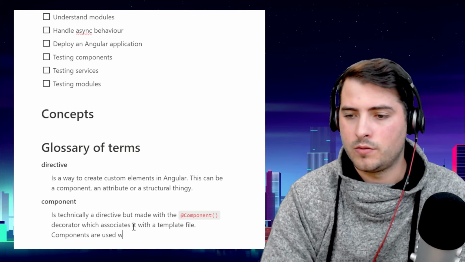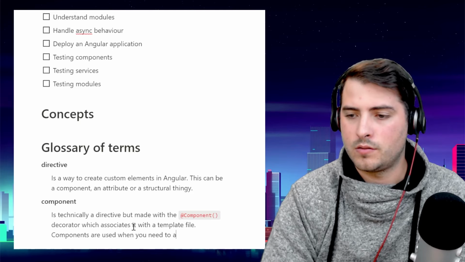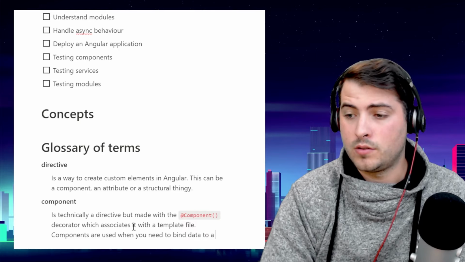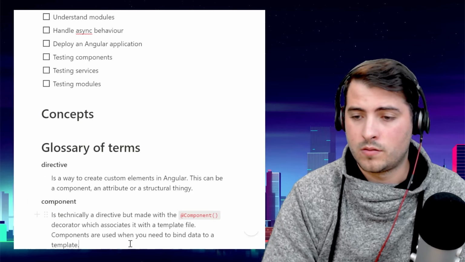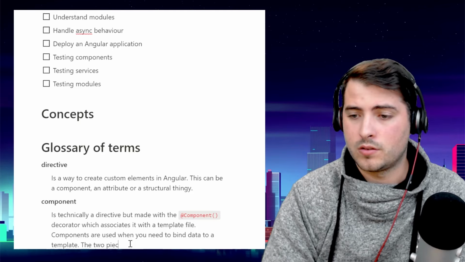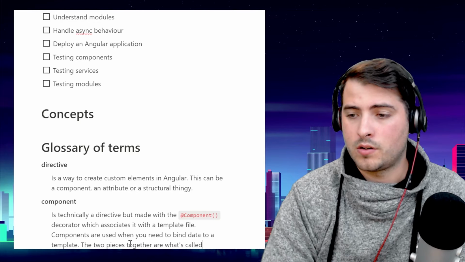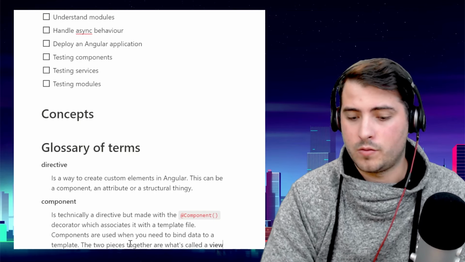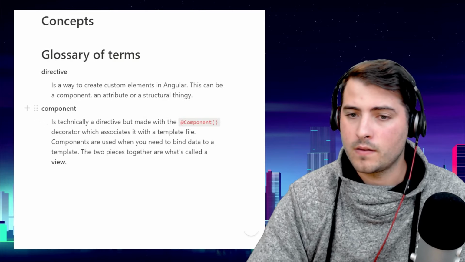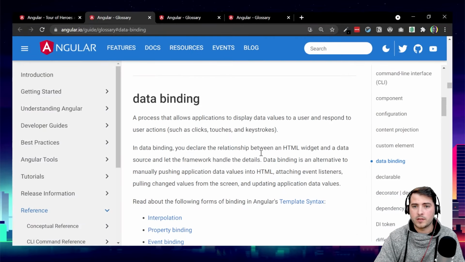Components are used when you need to, I guess, bind data to a template. The two pieces together are what's called a view. Makes sense? Kind of makes sense to me.